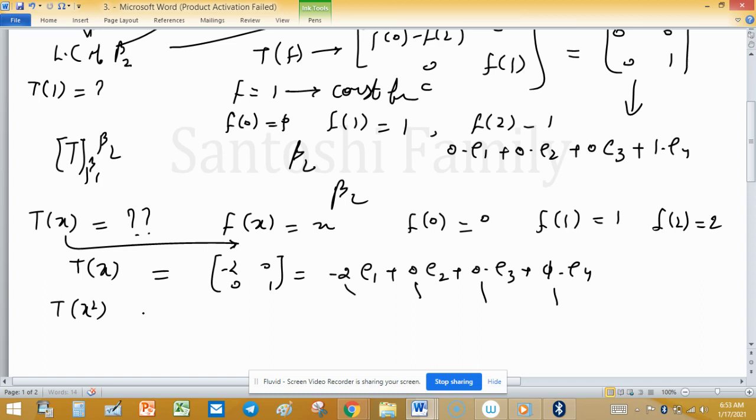So for T(x square), here f(x) equals x square. So for this f(0) equals 0, f(1) is 1, and f(2) is equal to 4.